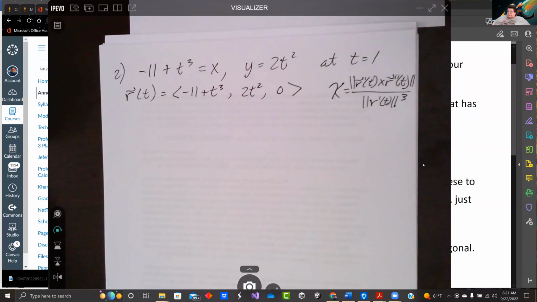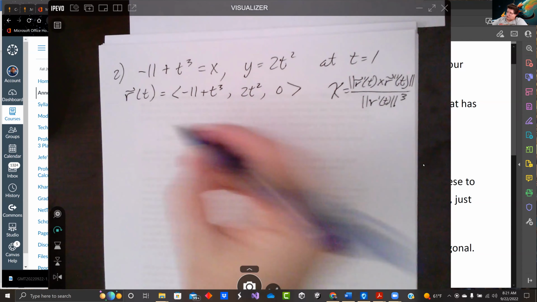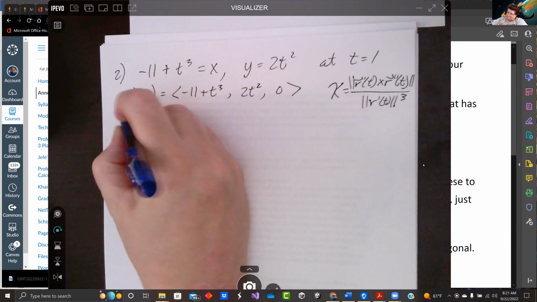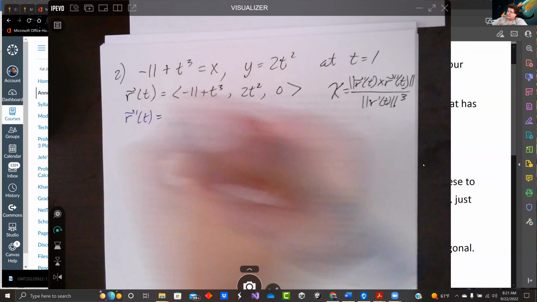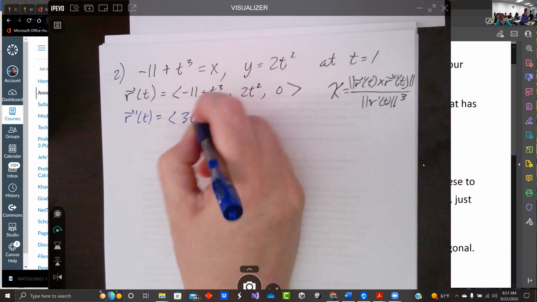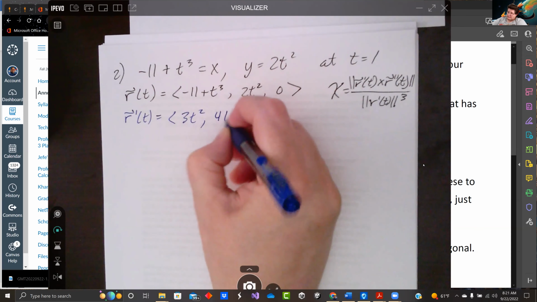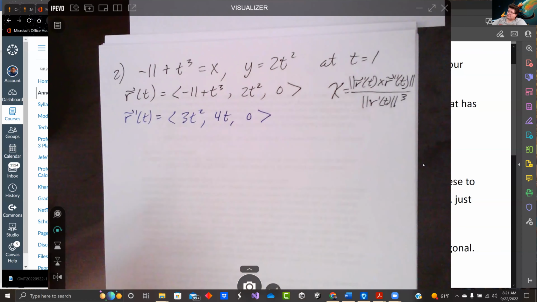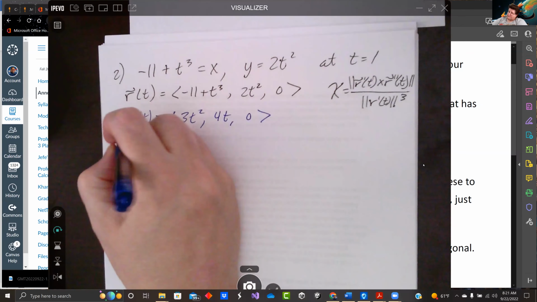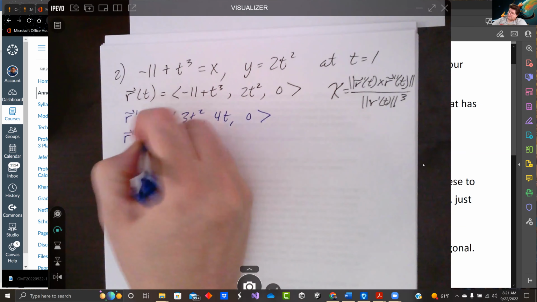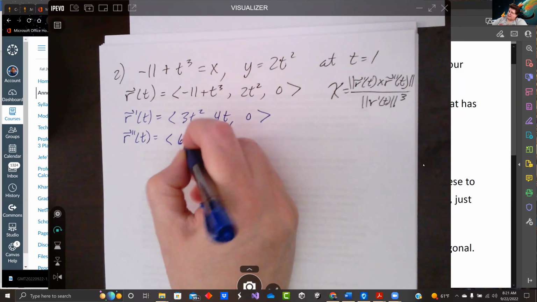That's where we're going. So first derivative, straightforward: 3t squared, 4t, 0. Second derivative is also pretty easy: 6t and 4.